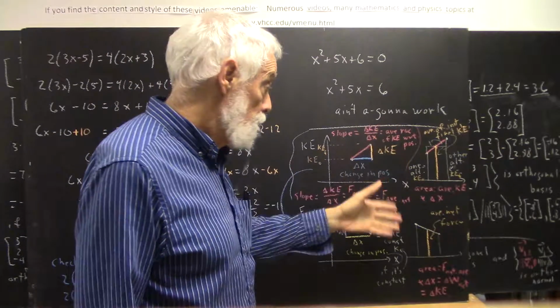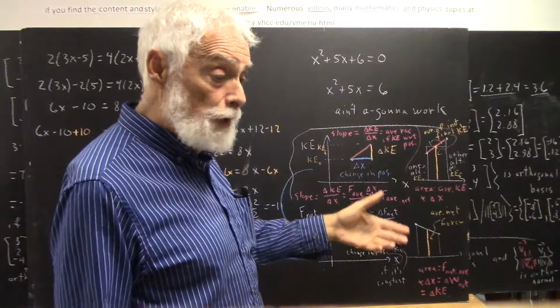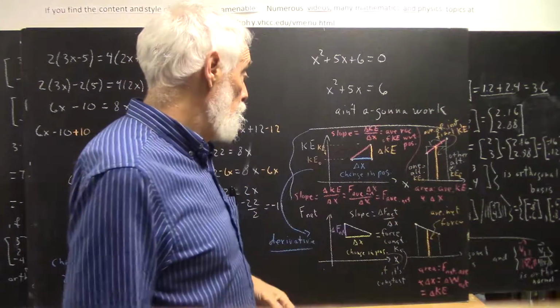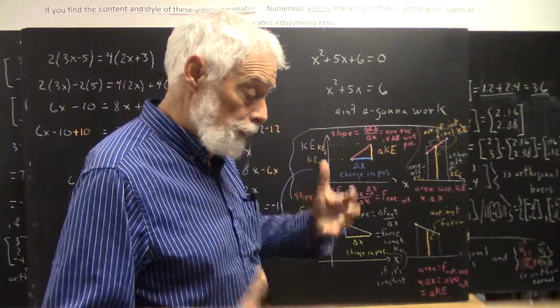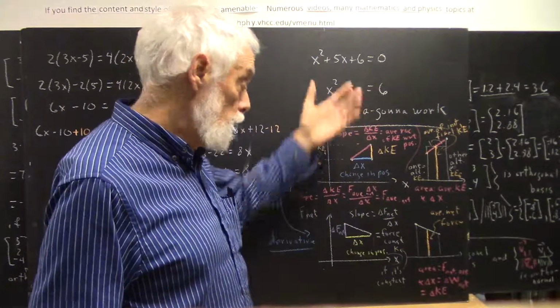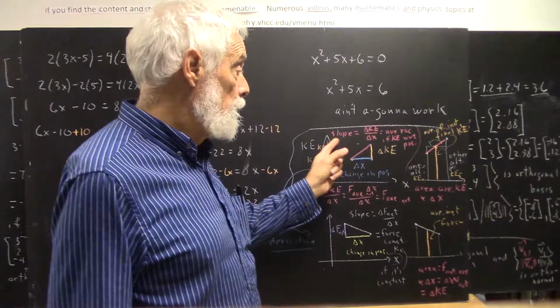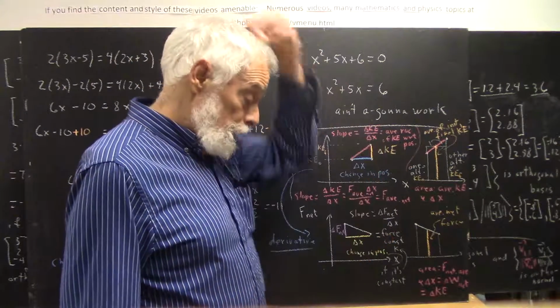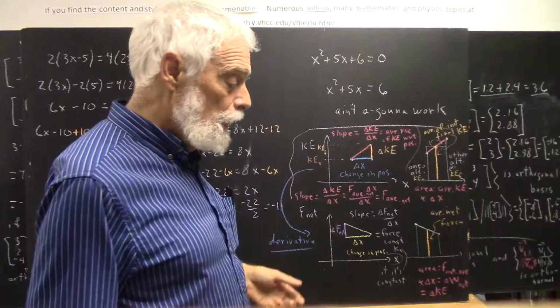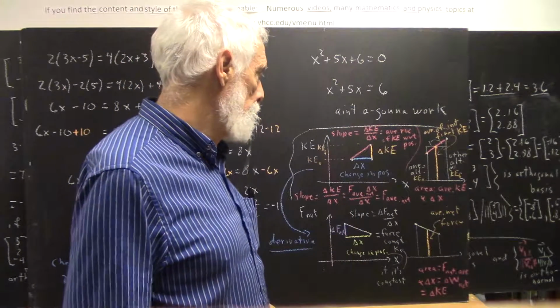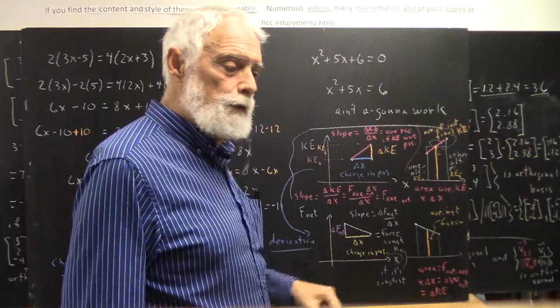Now, the slope doesn't always have an important meaning that we want to interpret in terms of our calculus, in terms of the behavior of our kinetic energy function or whatever the function happens to be. But you always want to ask the question, because in almost all cases that you'll see, it does have an important meaning.